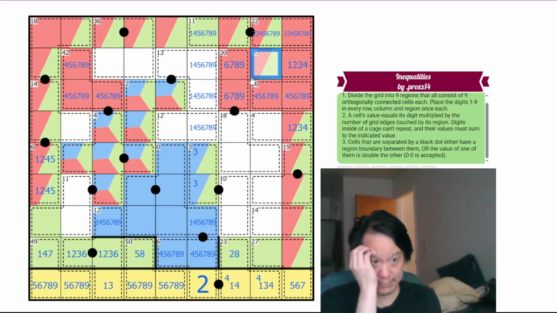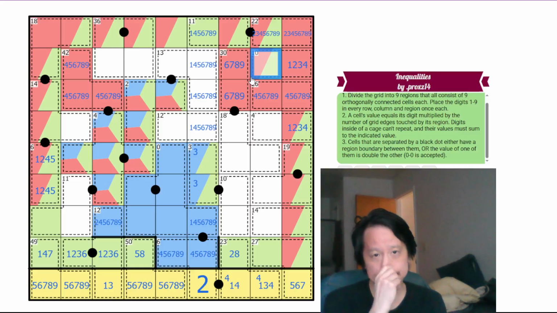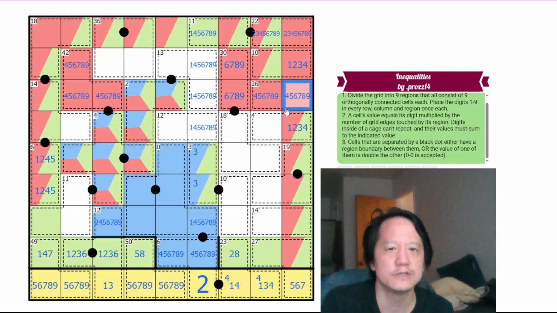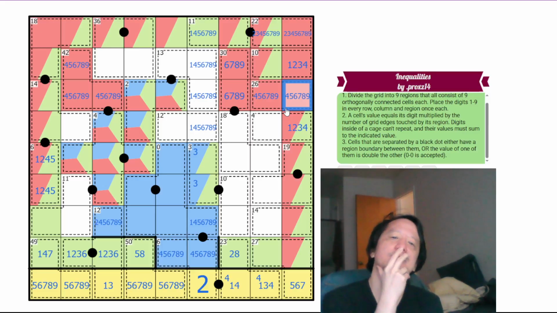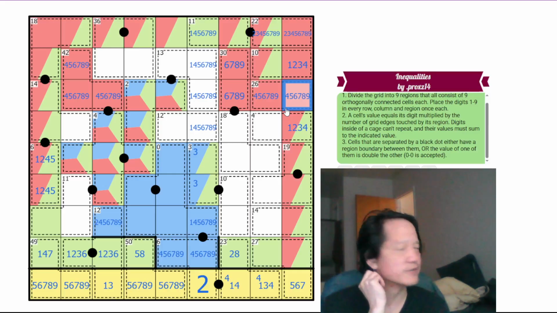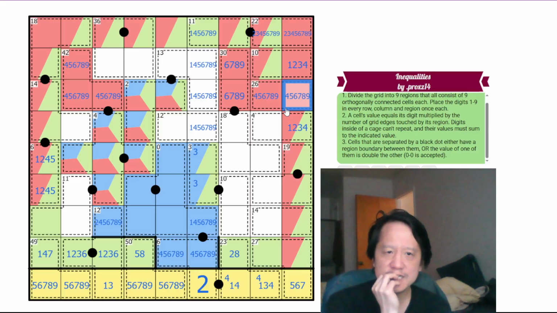Oh boy. But you still could have this be part of the same region. 26 is 13 divided by 2. 13 plus 15 is totally possible in the same region.